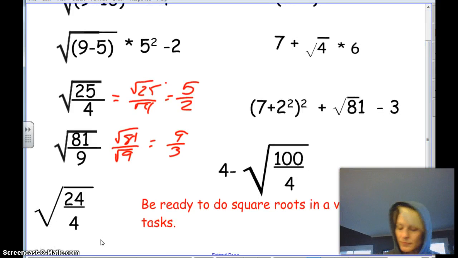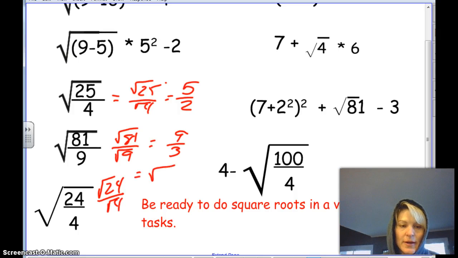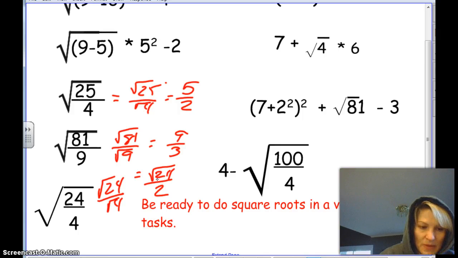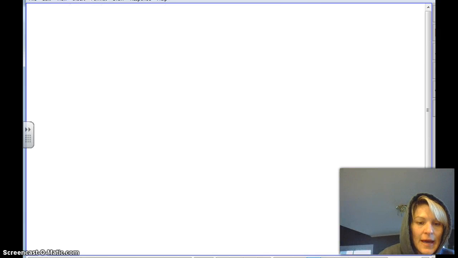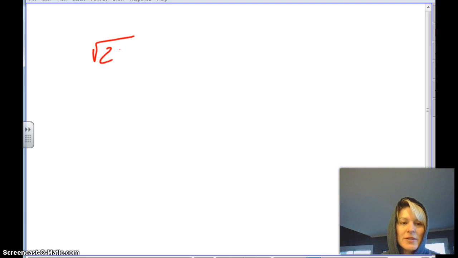Okay? This one would not be a nice answer. If we look at that, we would have the square root of 24 over the square root of 4. 24 is not a perfect square. So for right now, I would leave it like this. And then we're going to talk about how you do the square roots of things that aren't perfect squares. Okay? So if I look at the square root of 24, I want to do sort of like what we used to do with prime factorizations.